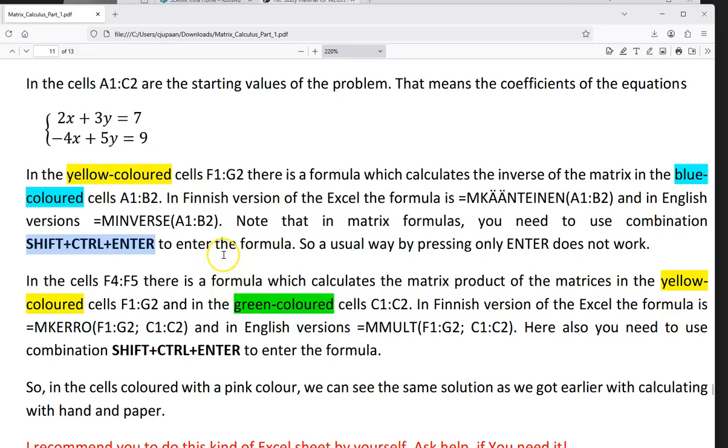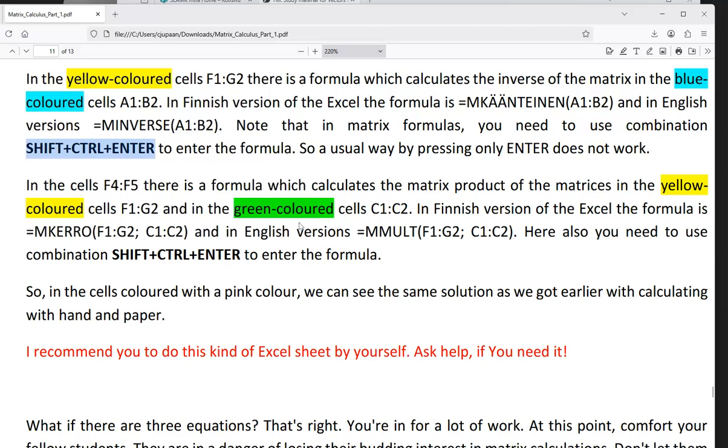But as we saw today, it was a new thing for me that these newer versions of Excel do not need that anymore, and this is a good change, because this was always a problem when using matrix commands in Excel. You always had to remember that three button combination, and if you forgot it, you needed to do the same thing again. So it took too much time to enter those matrix commands.